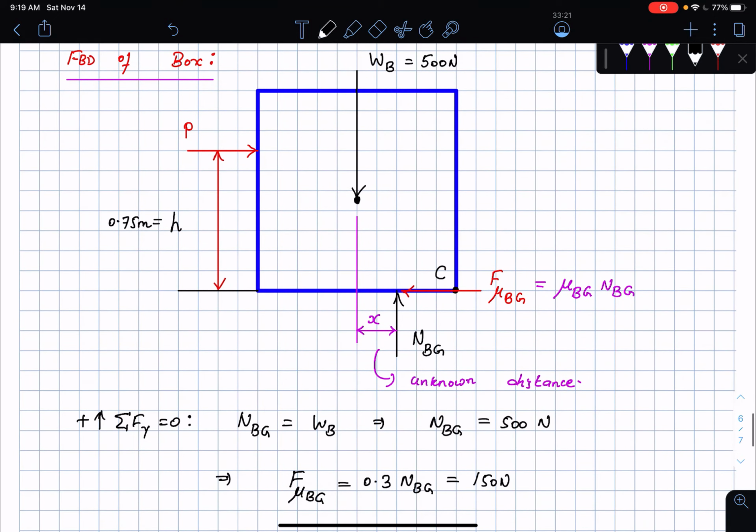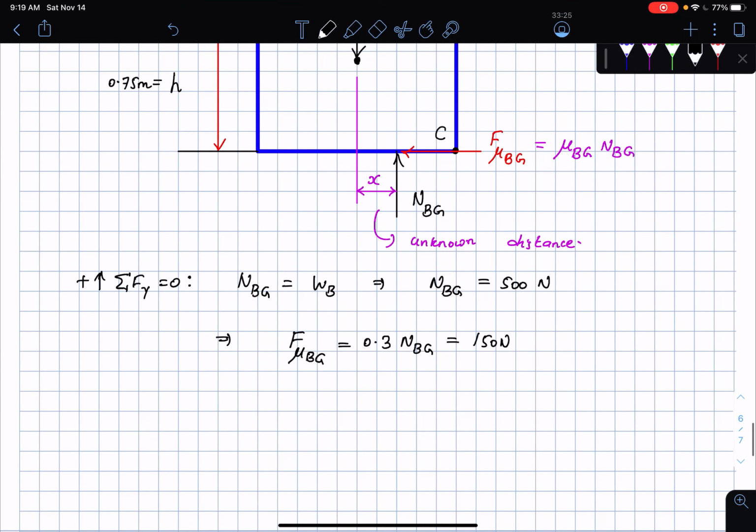Sum of forces in the x direction gives me force P minus F mu Bg equal to 0, so that P is equal to 150 newtons.